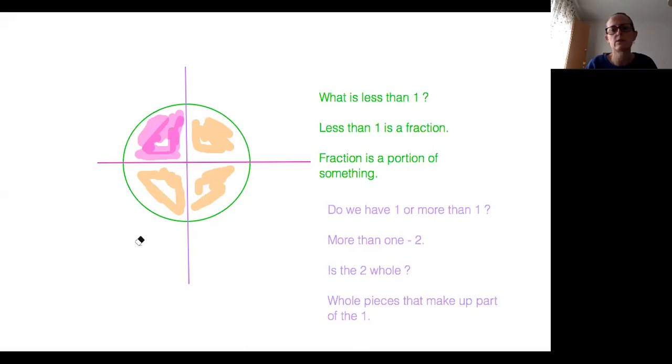What happens now to the number, all right, if we then split this circle up again, if we split these quarters and we halve them? So let me just take the colour out and let's write that down.